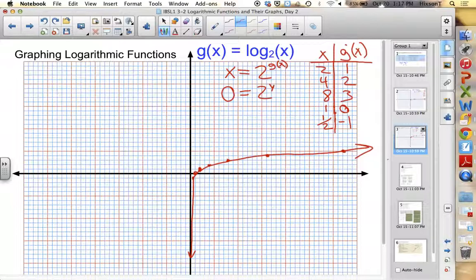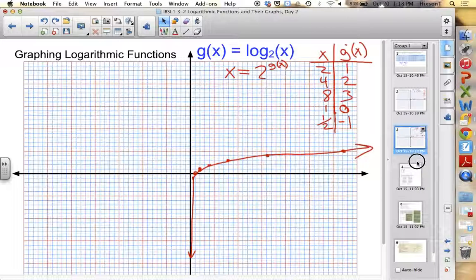It's a little bit more logic than it is algebra. And also, it can't be negative. If you have a positive 2, no matter what power you raise it to, you're never going to get a negative.